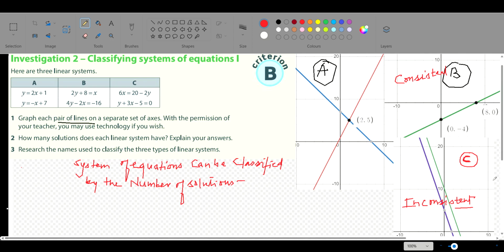These both are known as consistent, basically when they have some kind of solution, whether one or more than one. But out of the consistent ones, the one with infinite solutions is known as a dependent system.